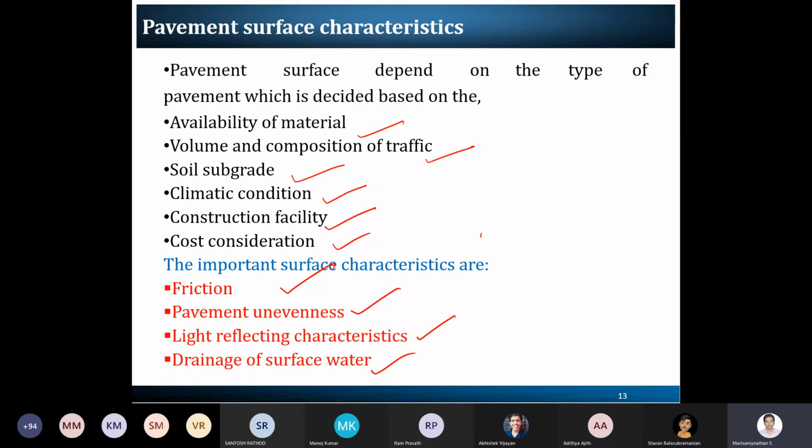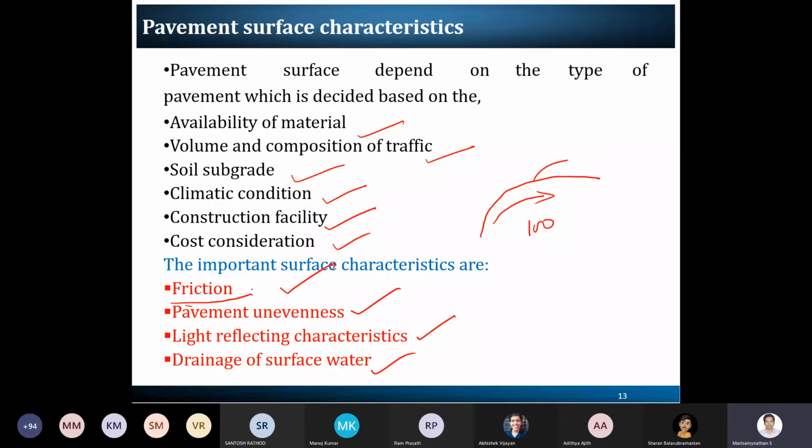When we are trying to negotiate that horizontal curve and there is unevenness on the surface, there is a chance the vehicle gets out of control while turning, probably at 100 km per hour. Then it may skid, roll or slip from that particular horizontal curve. So this is considered a major effect when we are not providing proper friction.